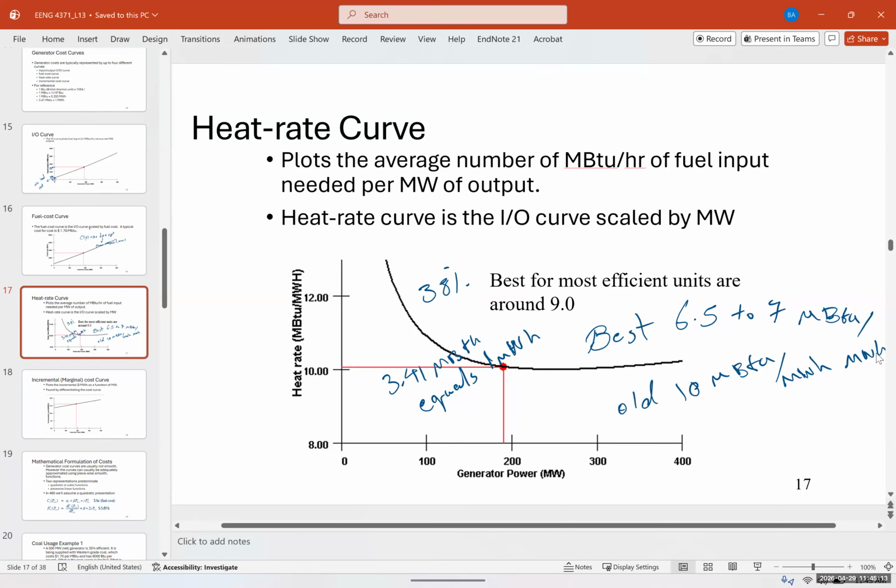So it's not the best, it's like average to low. The best systems are going to be actually less than or equal to 6, something around here.